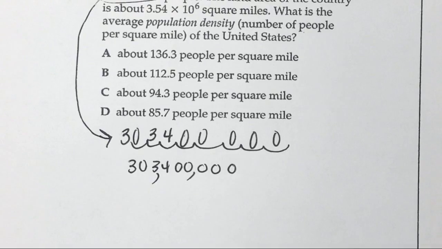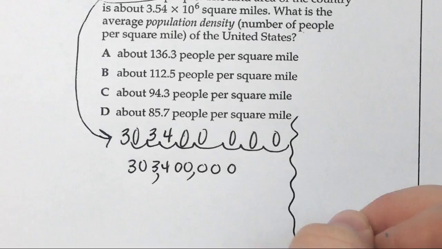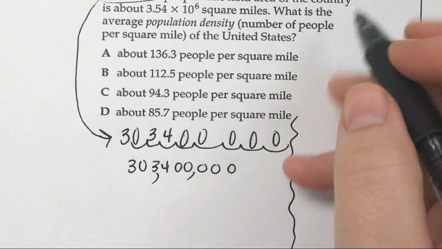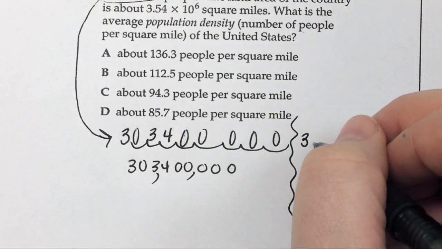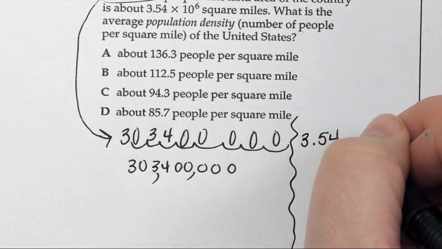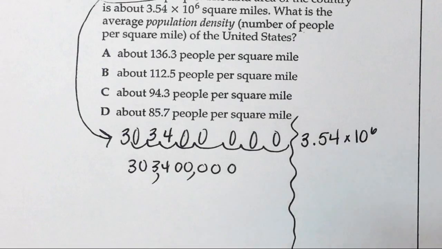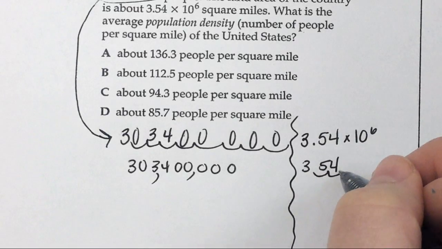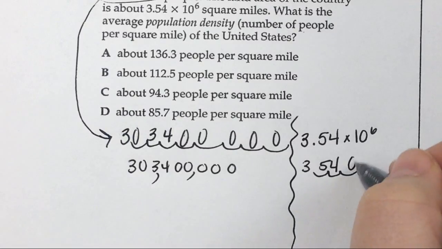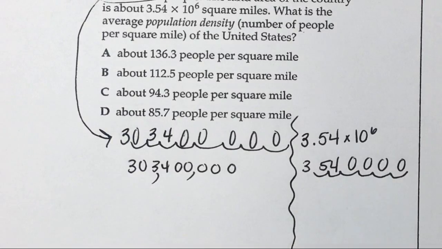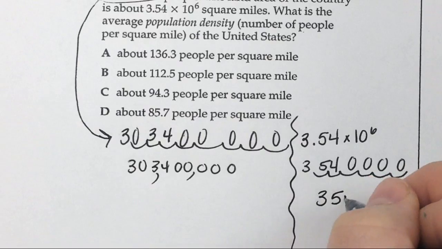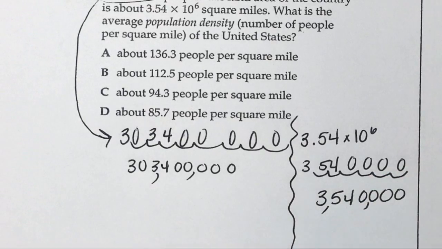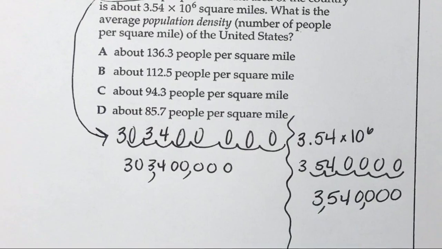Meanwhile, it tells you that the land area is 3.54 times 10 to the 6. If I move my decimal over 6 places, I would end up getting 3,540,000.